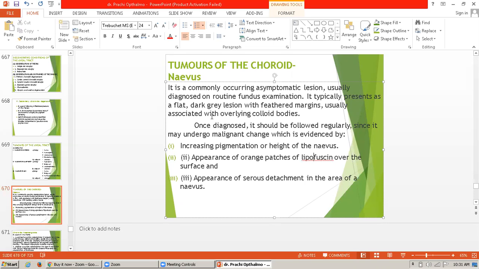So, nevus is a commonly occurring asymptomatic lesion, usually diagnosed on routine fundus examination, typically a flat, dark gray lesion with a feathery margin and overlying colloid bodies. When pigmentation or height increases, with orange patches of lipofuscin over the surface and serous detachment in the area of the nevus, it is diagnosed as malignant change.